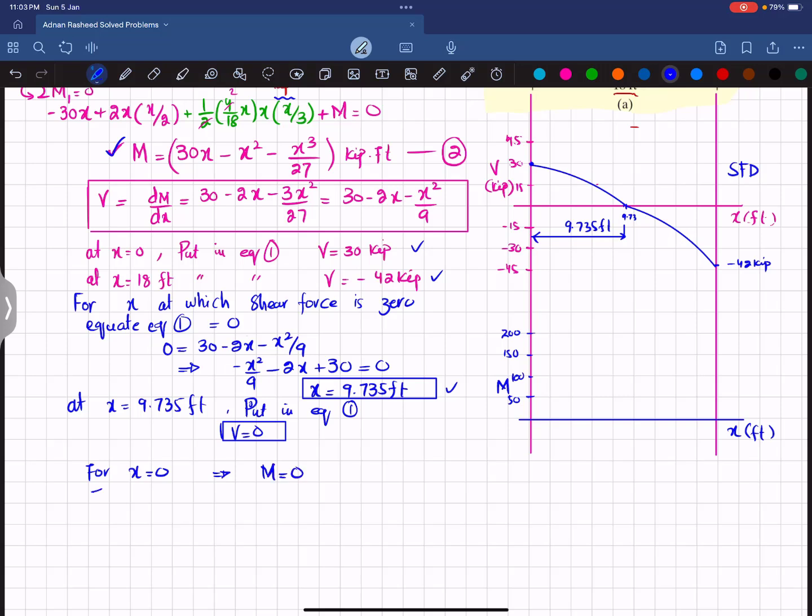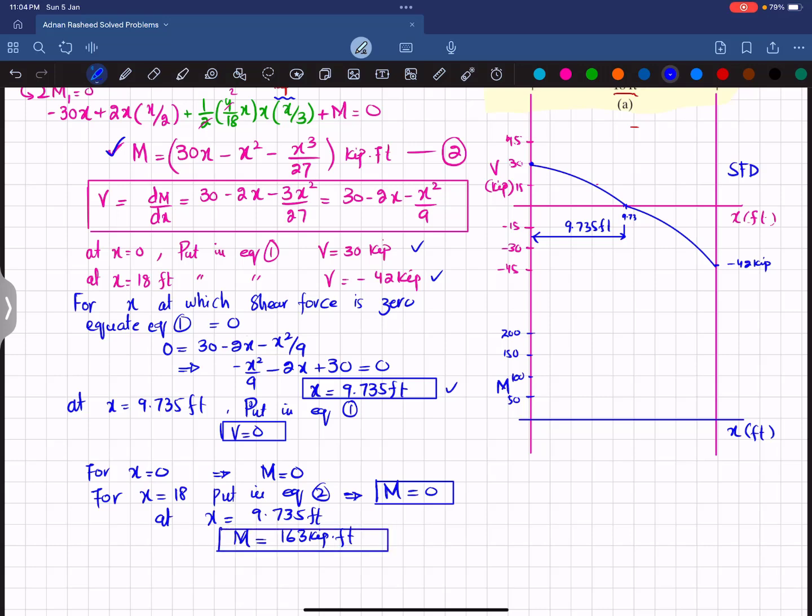For x is equal to 18 feet, put it in equation number 2, and you will get the moment also equal to 0. And at x is equal to 9.735 feet, when you put it in equation number 2, you will get the moment equal to 163 kips into feet, and that will be the maximum bending moment.